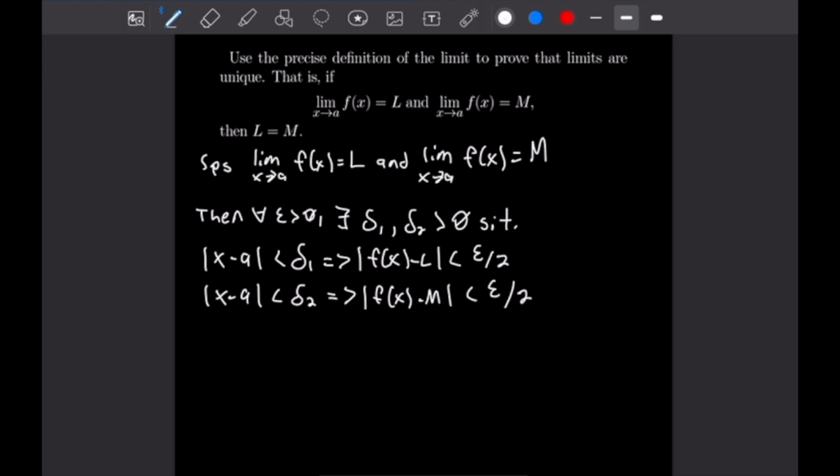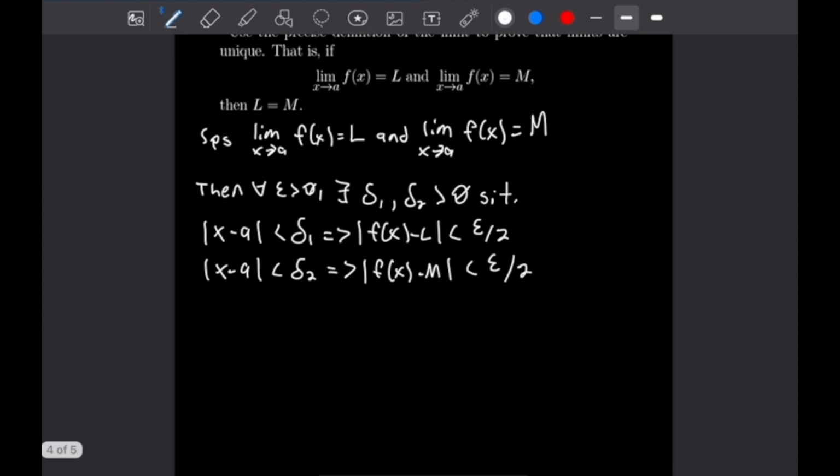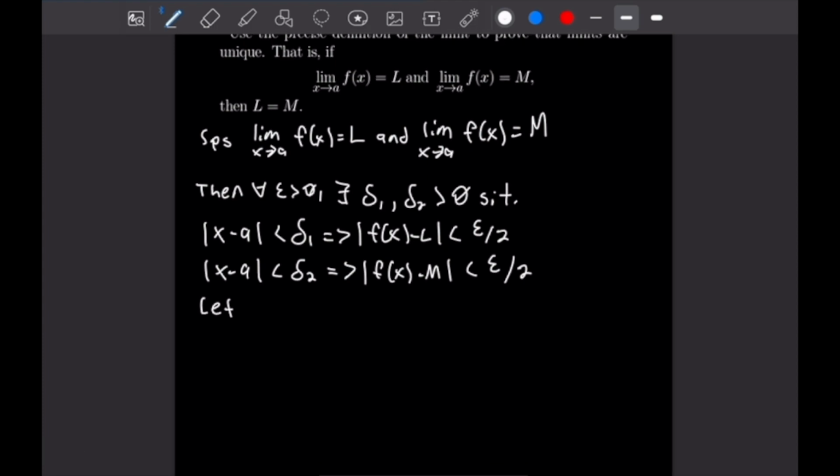And I've set them to epsilon over 2 so that they will add up to make a nice pretty epsilon at the end of the proof. But remember that epsilon is arbitrarily small, so how we represent it does not particularly matter. So from here, we are going to let our delta equal the minimum of our delta 1 and delta 2. So delta is equal to the minimum of delta 1 and delta 2.